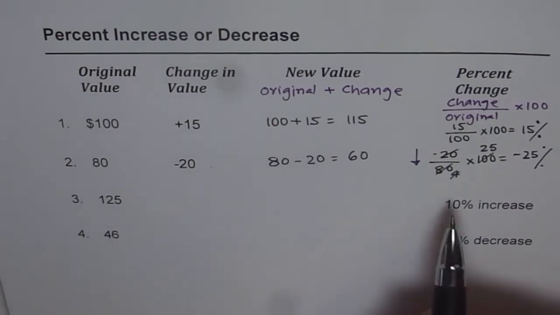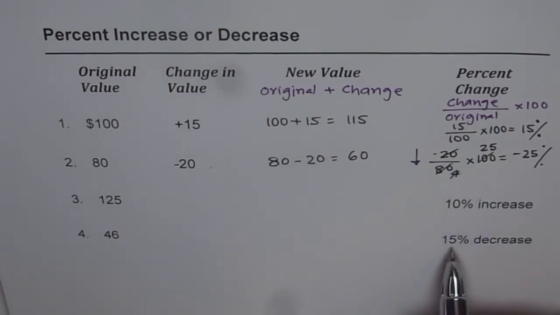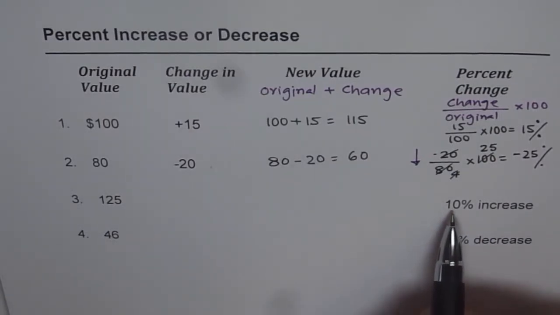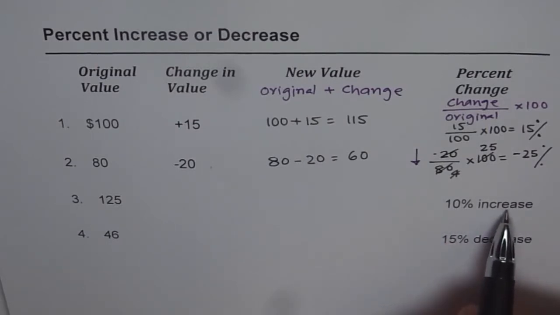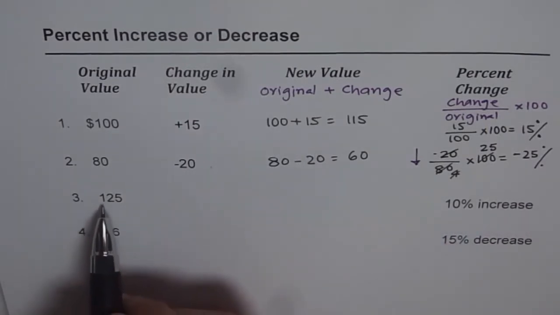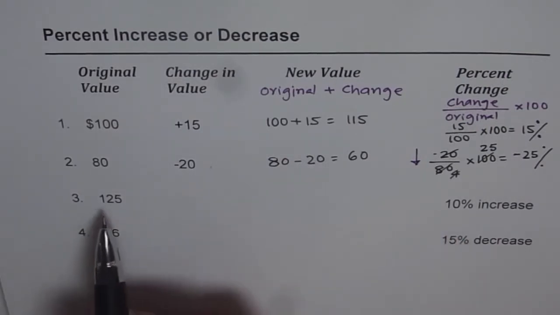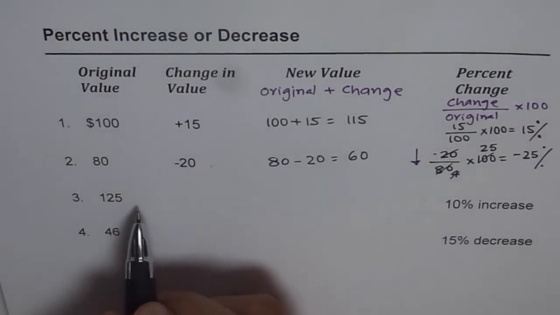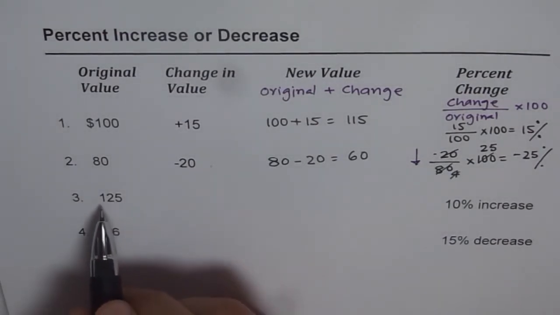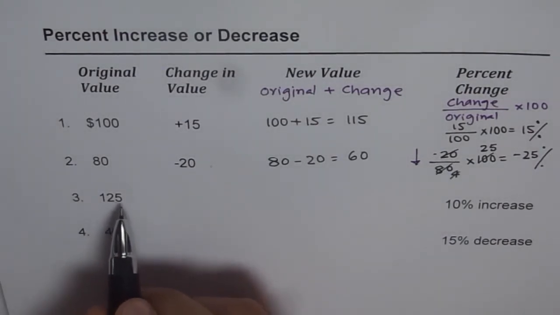Here we are given percent increase and percent decrease. Now we need to find what change in value is. So if we are given 25% increase from original price of $125, that means we are going to pay more, right? Or the value will increase. So let's find how much is the increase. What is 10% of 125? That is what the increase is, correct?